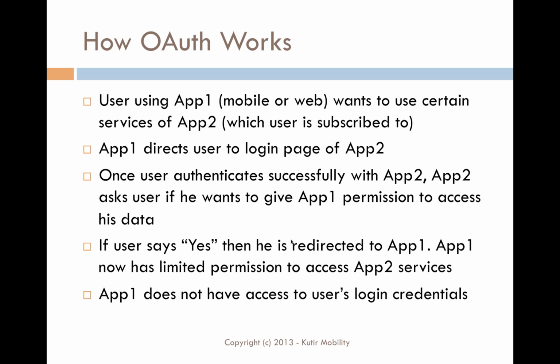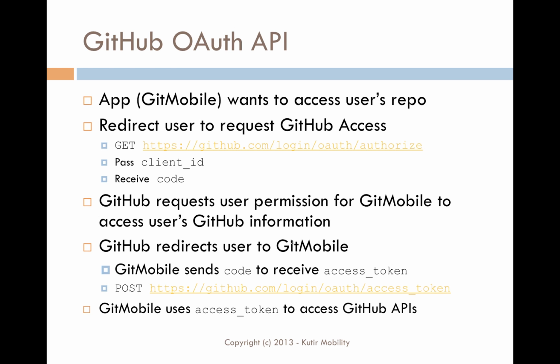This way, we only authenticate against our core application that we want to give access to the data of. So applying this concept to GitHub's OAuth API, we have this application called Git Mobile, and we want to use the information on GitHub.